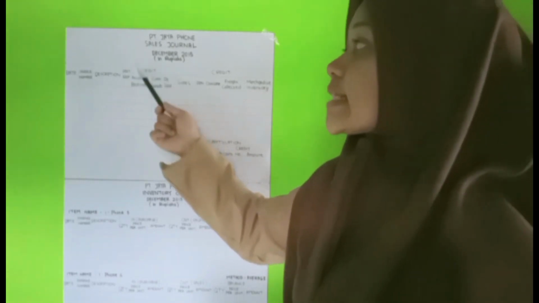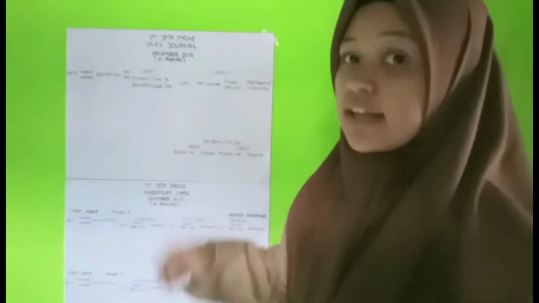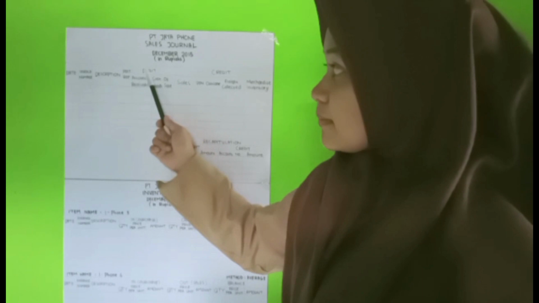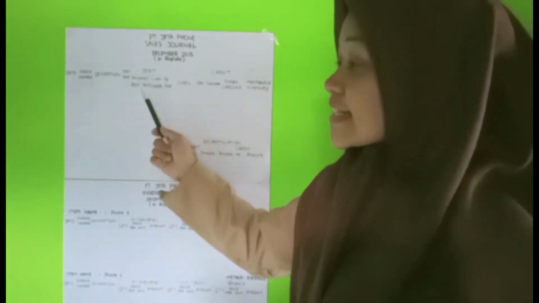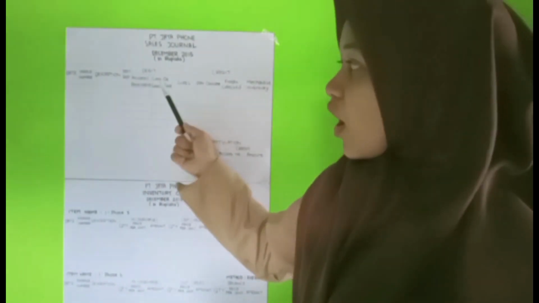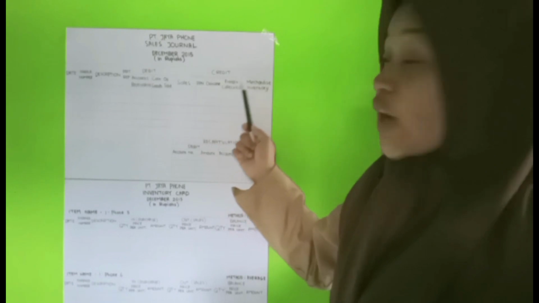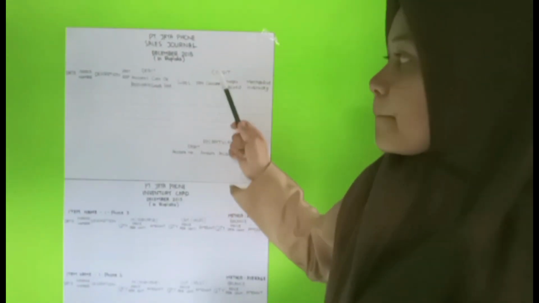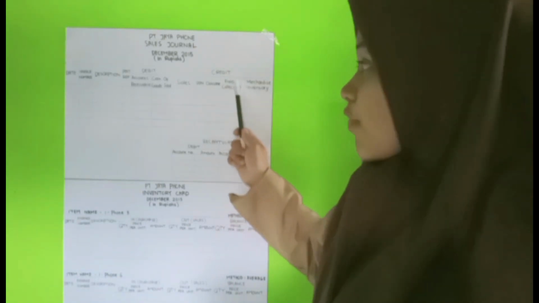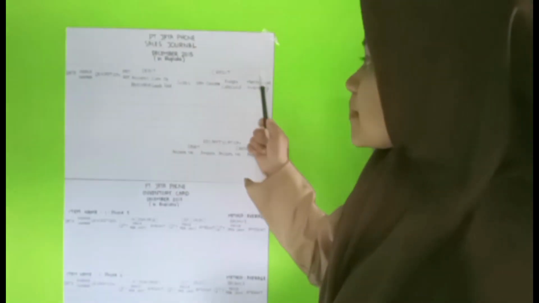Then these are the debit and credit columns. The debit column in the sales journal contains account receivable and then cost of goods sold. But the credit column in the sales journal contains sales, PPN outcome, freight collected, and then merchandise inventory.